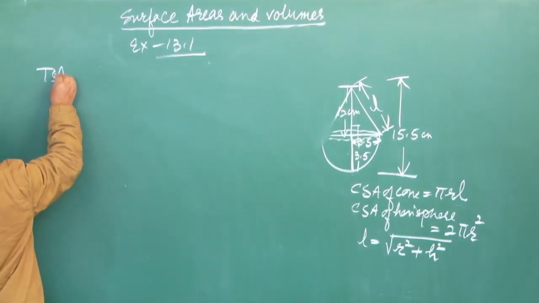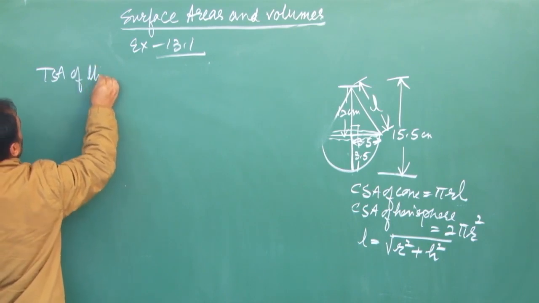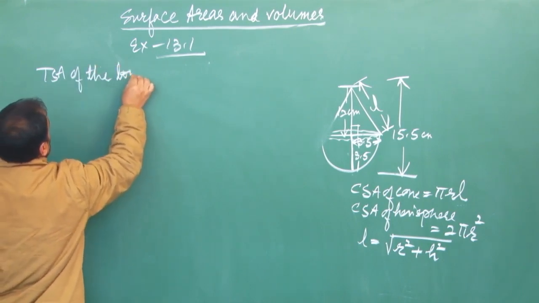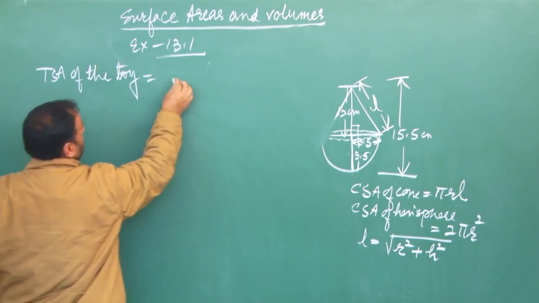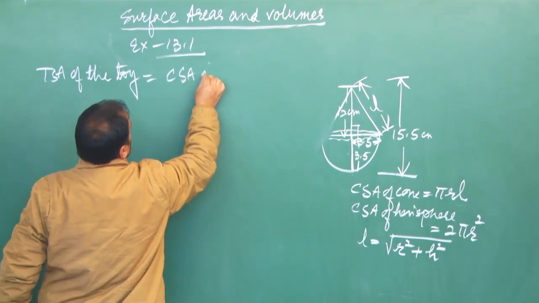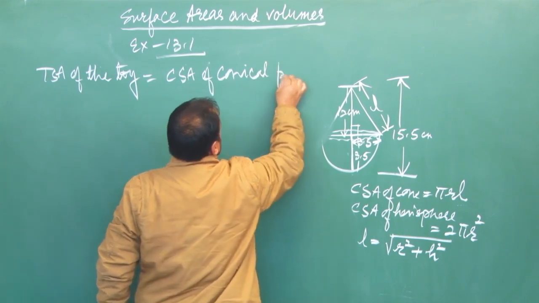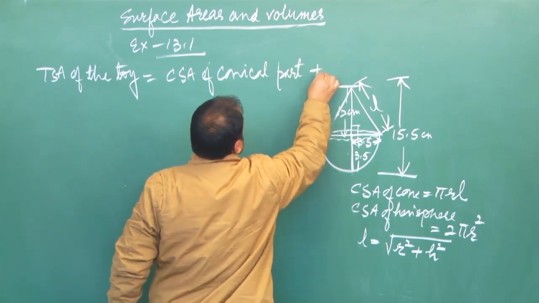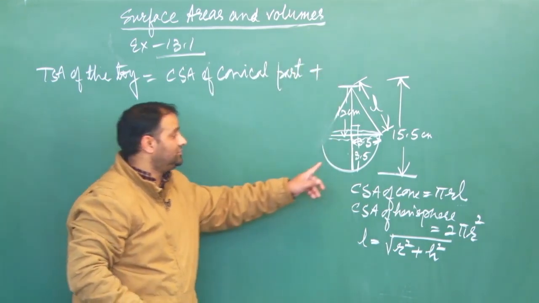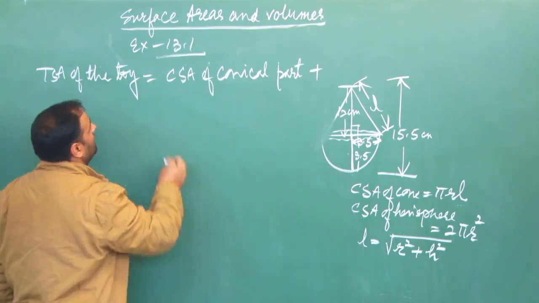So the total surface area of the toy is the curved surface area of the conical part added to the curved surface area of the hemispherical part.